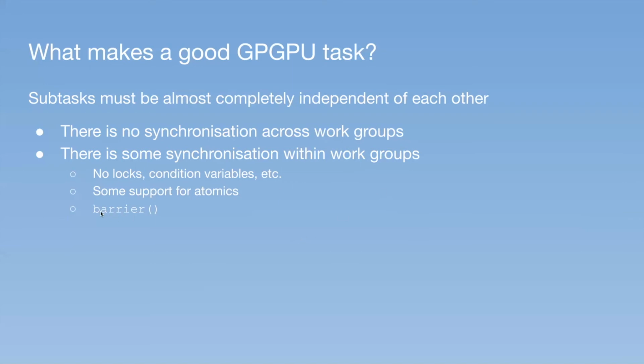What the barrier function does is it says, by the time a thread reaches this function, all other threads also have to reach it before it can go past. So think of it like a checkpoint. All the threads have to reach this checkpoint before any of them are allowed to go past it.